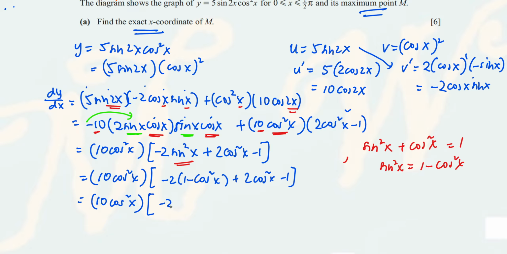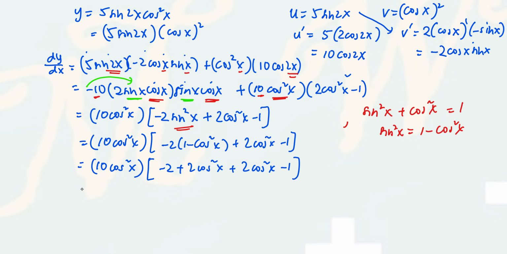So later will be the same answer. Okay, then from here, you will be getting 10 cos square x. So 2 cos square plus 2 cos square, 4 cos square x. Okay, I leave it in cos. Minus 1 minus 2, minus 2 minus 1 is minus 3.